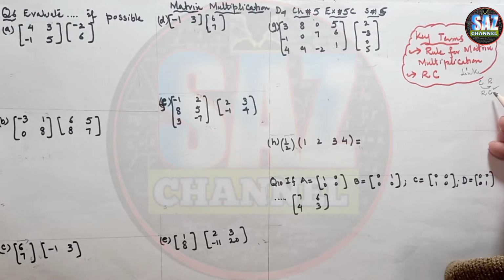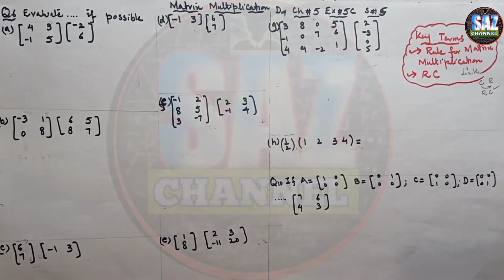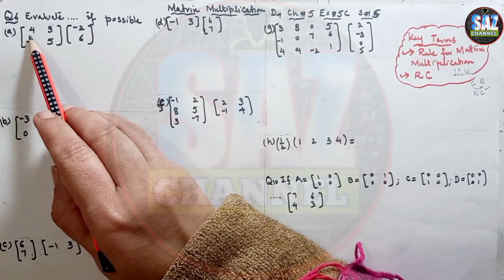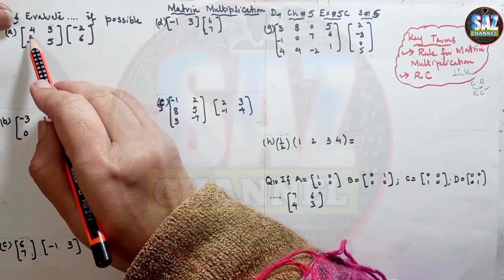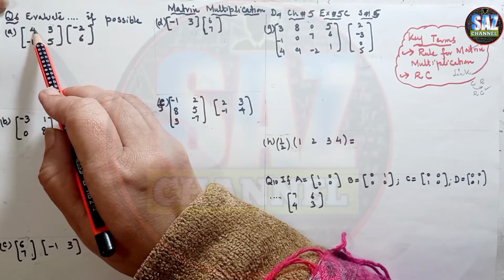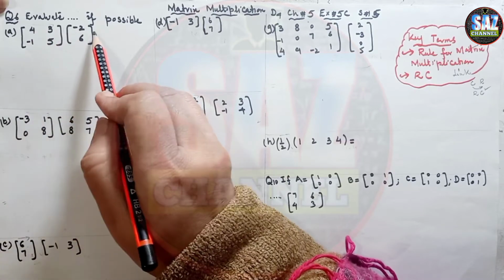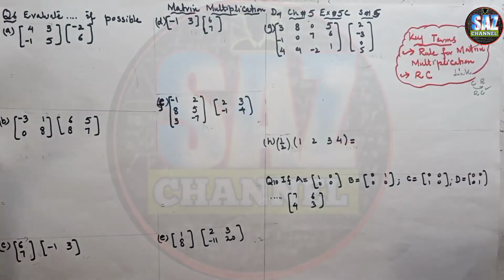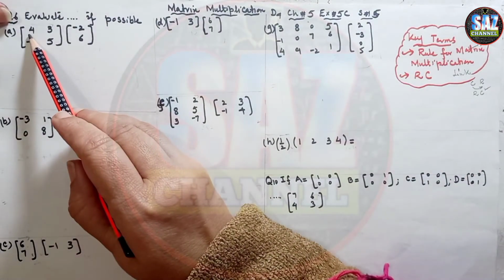You must keep the basic rules in mind for better understanding and clarity of the lesson. Let's move to the first part of the question and decide what the order of the given matrices is. The A part is the matrix 4, minus 1, 3, 5 multiplied by minus 2 and 6. The order of the first matrix is 2 by 2. How are we deciding the order?